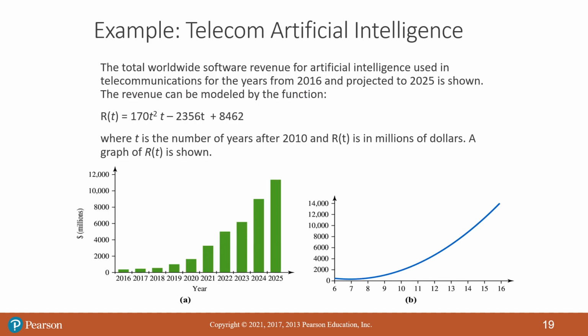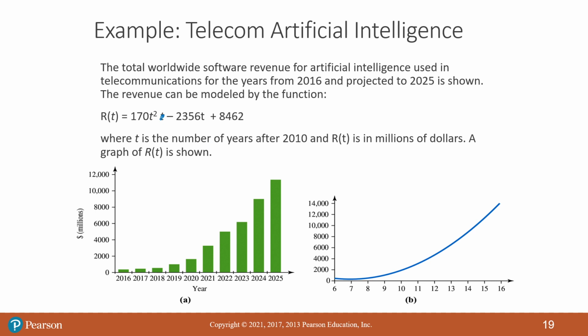This example says telecom artificial intelligence. The total worldwide software revenue for artificial intelligence used in telecommunication for the years 2016 and projected to 2025 is shown. The revenue can be modeled by the function r of t equals 170 t squared. Oops, got a slight typo in here.